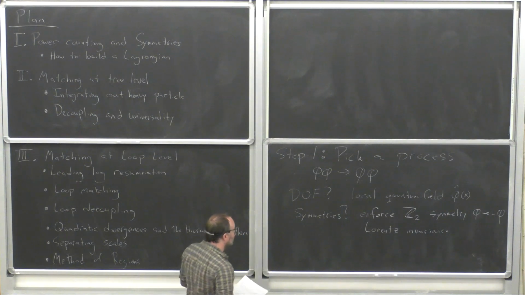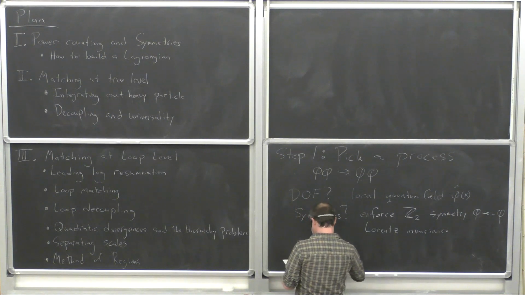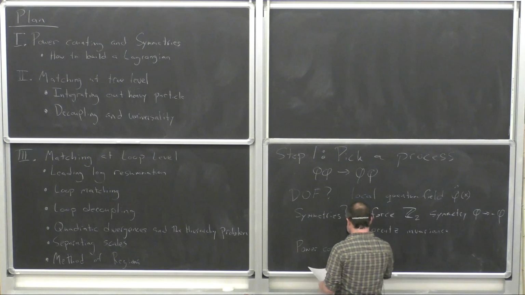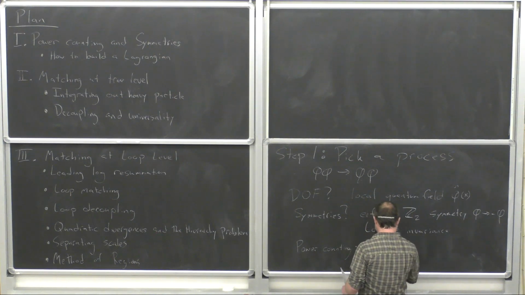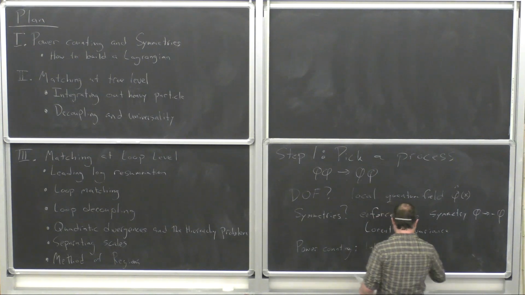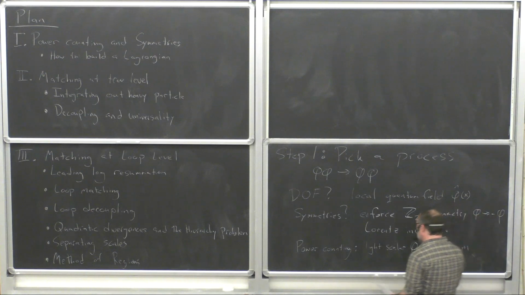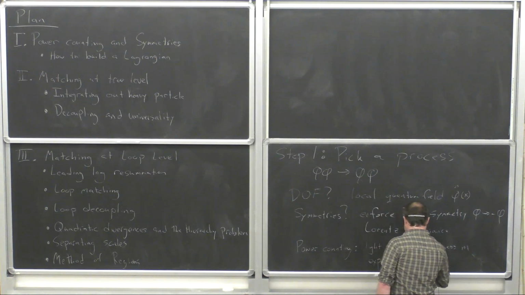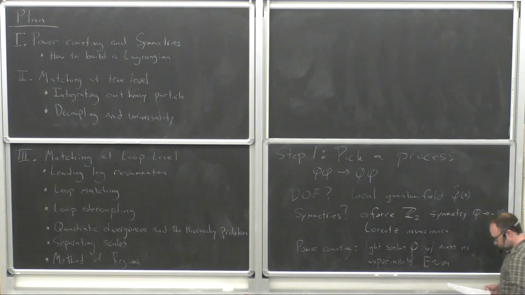Step 3 is, what's my power counting? So I'm going to assume that I have a light scalar phi with mass m, and I'm going to do my experiments with energy E of order m. Okay?